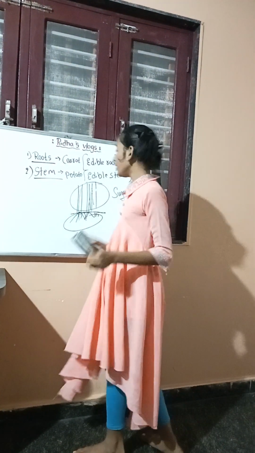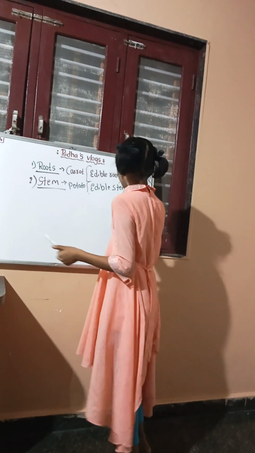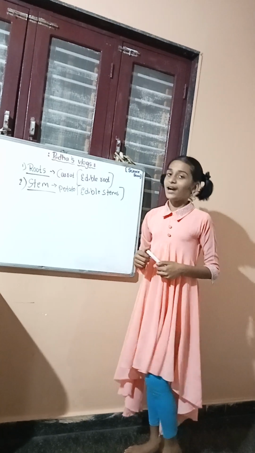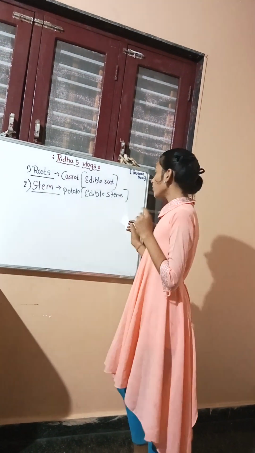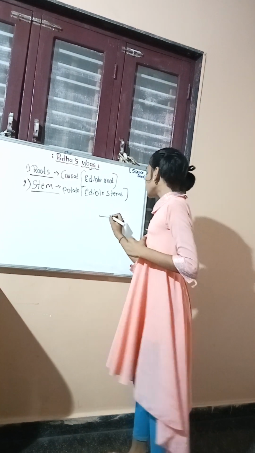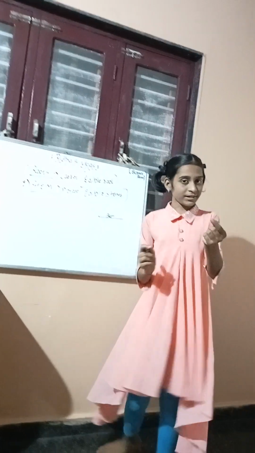So I told you that potato is also a stem. Some of you may get confused whether potato is a stem, a root or a fruit. It is not a root or a fruit. It is a stem only. So you can see, the plant is small, only this much.